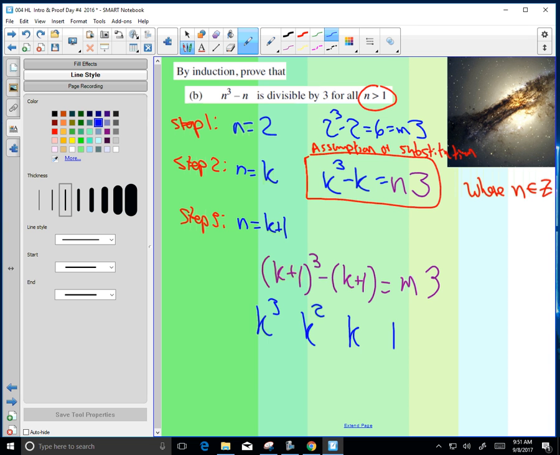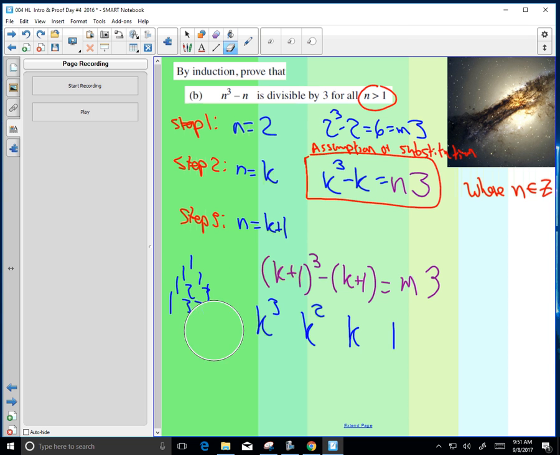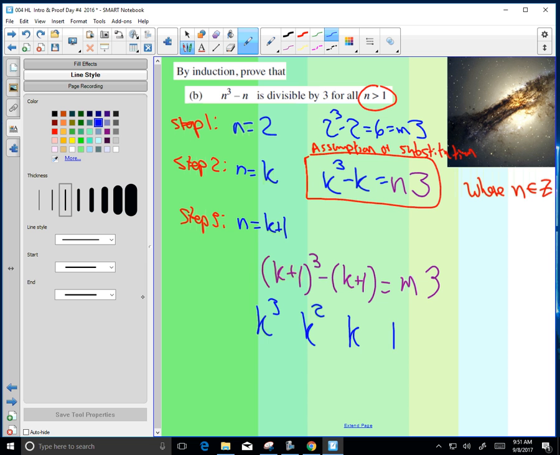And for the binomial expansion, does this remind you of anything? It's up on the wall, too. I call it Pastel's triangle, just to be cute. Oh, yeah, we talked about this, didn't we? So this will be 1, 3, 3, 1. And then don't forget, this is minus k plus or minus 1.